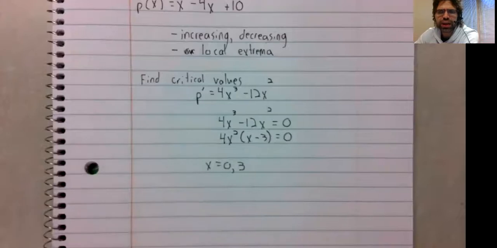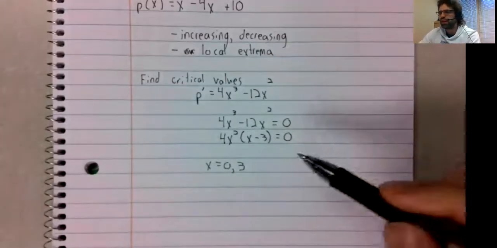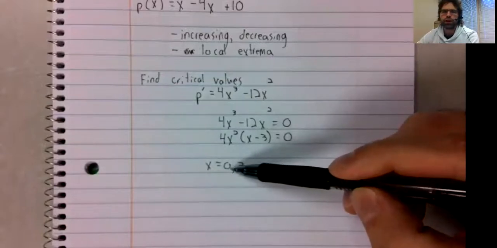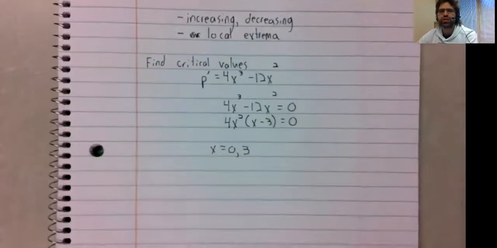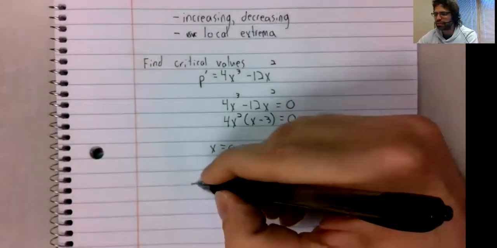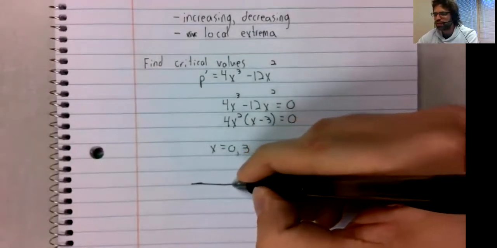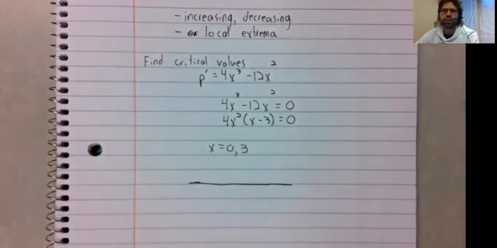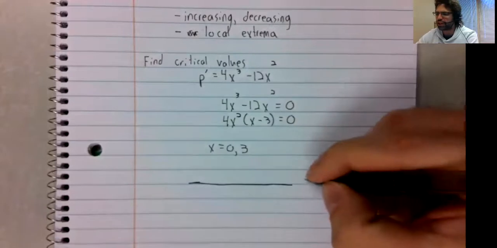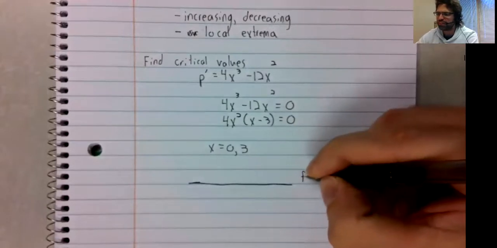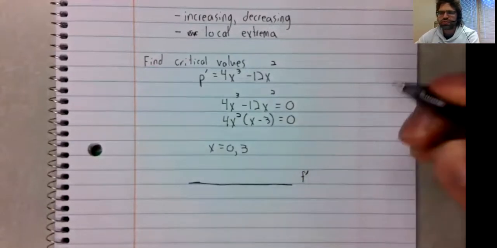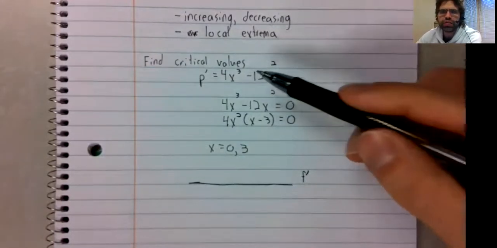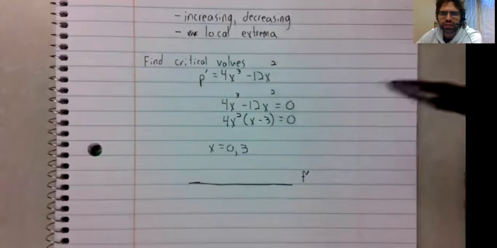We have to classify them. But the derivative equals 0 at 0 and at 3. And I'm going to classify them using the first derivative test. And to classify local extrema, we're using the first derivative.